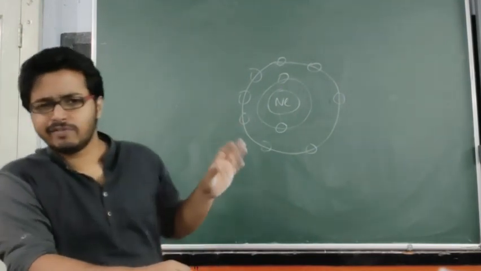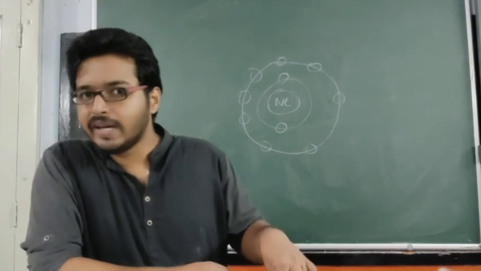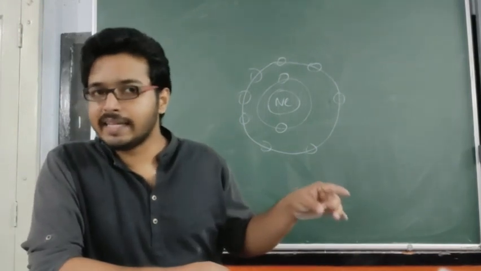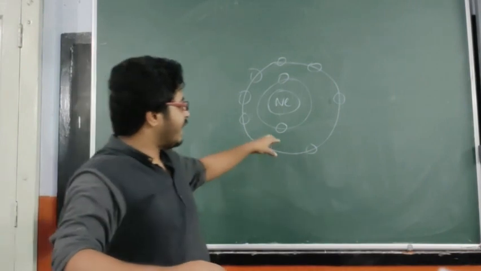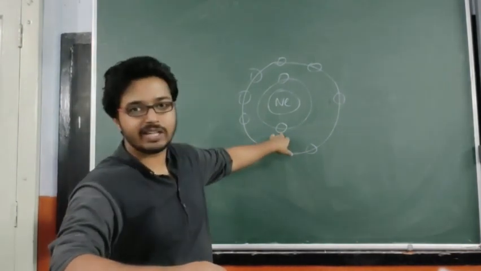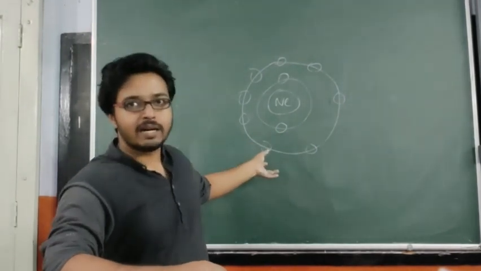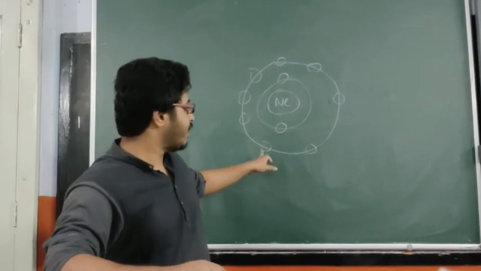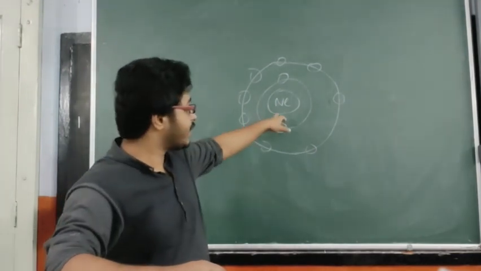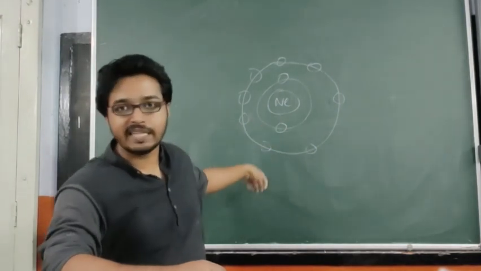Just before, we discussed that if you are going down a group, the atomic size increases. That is due to the repulsion between the electrons in the outermost shell and the inner shell, where a new shell is added. The new electrons in the new shell cannot come closer towards the inner shell because of the repulsion from the electrons in the inner shell.